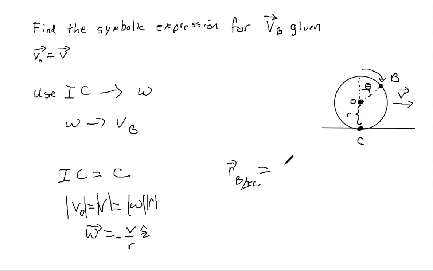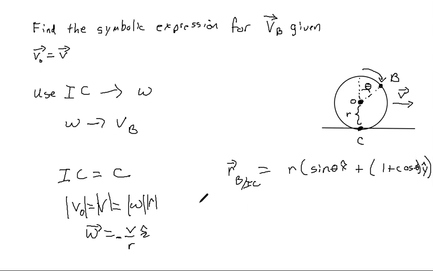So it's R times sine theta x hat plus 1 plus cosine theta y hat. Okay, so that's the position vector of B relative to the instantaneous center at C.